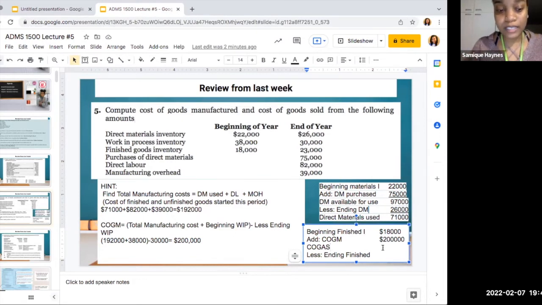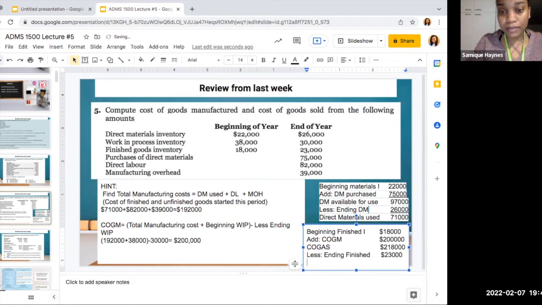So this gives us a total of $218,000 available, and we deduct our ending finished goods inventory, which is $23,000. And can somebody tell me what is our cost of goods sold? 195, okay.